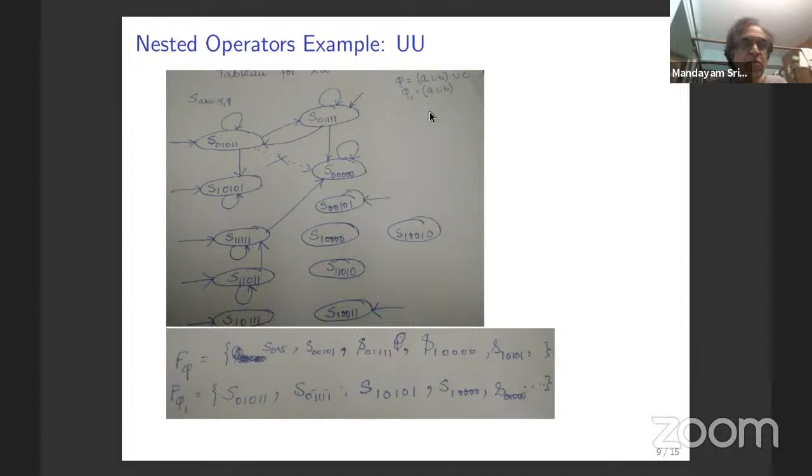So you will have 32, 2 to the 5, potential states, subformulas of the thing, but most of them can get eliminated by the consistency and local consistency checks.